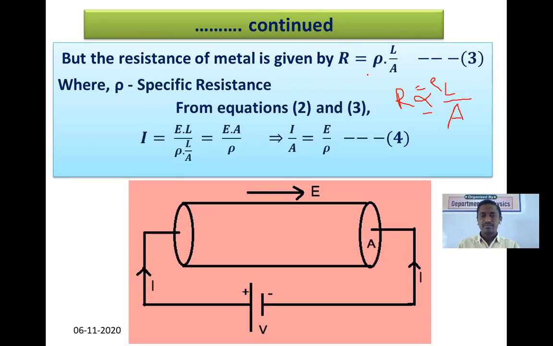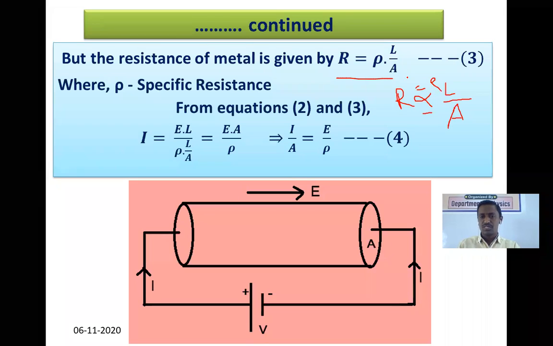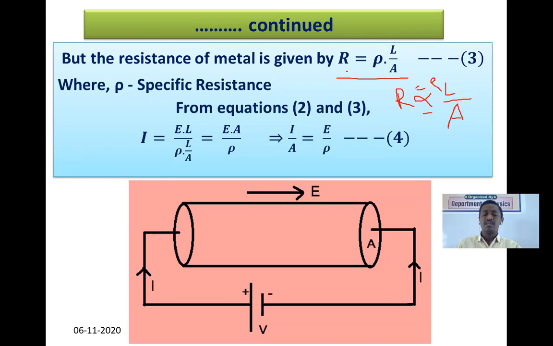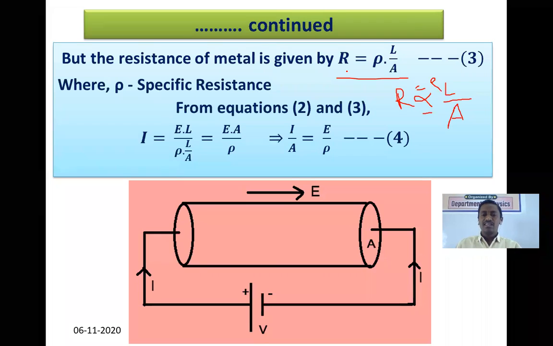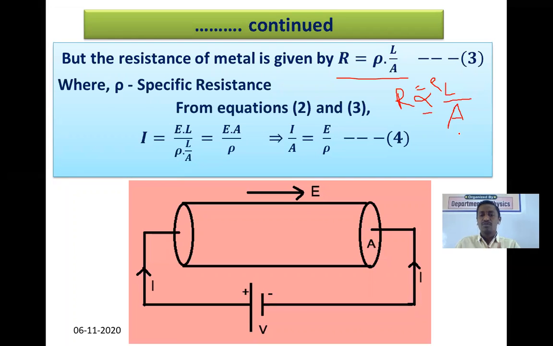It is the general expression for resistance, applicable for any material. That means the resistance offered by any material is always directly proportional to its length and inversely proportional to its area of cross section. If the area of cross section is more, meaning the wire is thicker, then it offers less resistance.